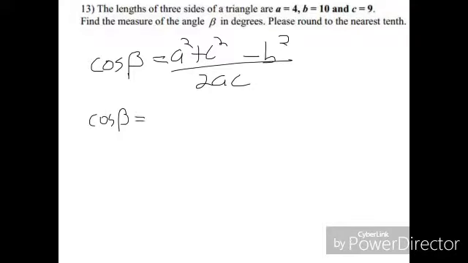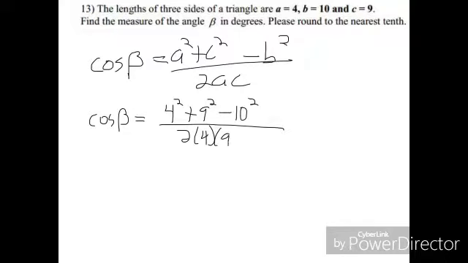Cosine beta equals 4 squared plus 9 squared minus 10 squared over 2 times 4 times 9. Now, so your calculator gets this correct, put a parenthesis on the top and parenthesis on the bottom. And then you just type it in. This is what we'll get.